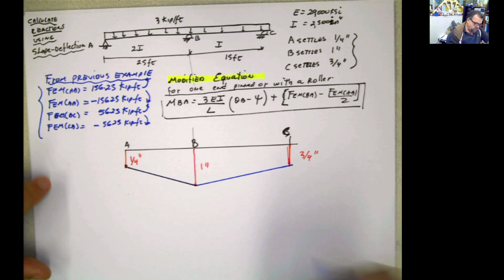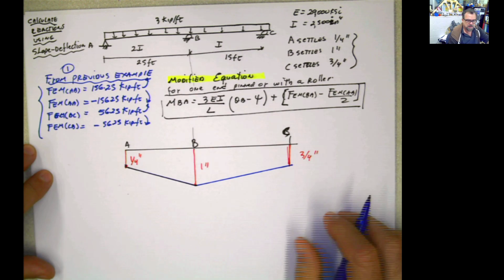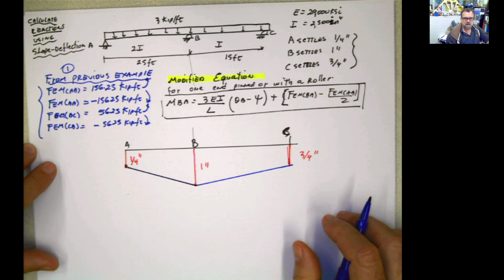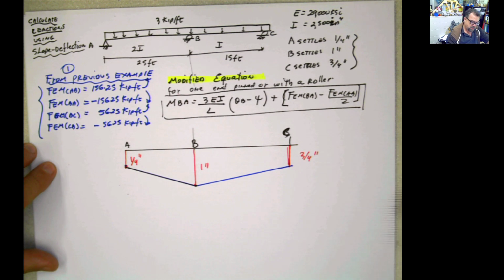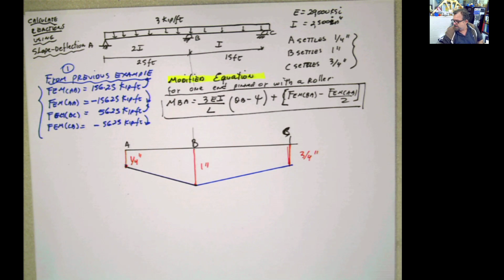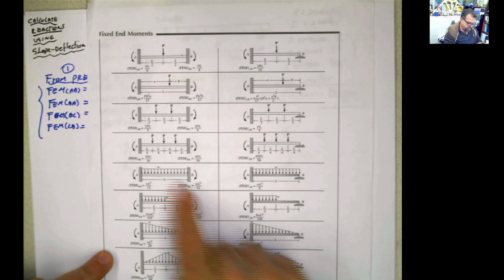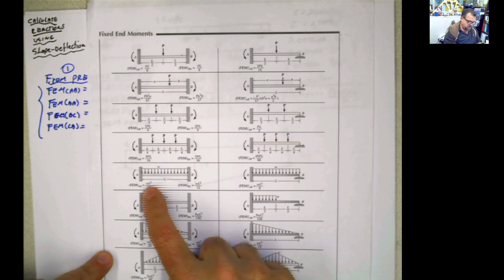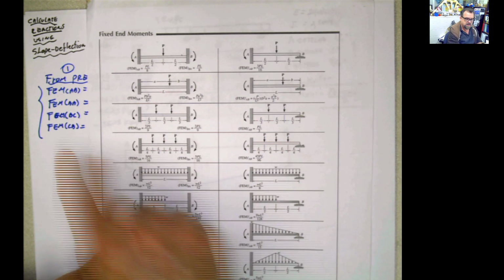The first thing we have to do for this problem is calculate the fixed end moments, as we showed in the previous example. I don't want to be repetitive. Plain and simple, go to the tables, find your case, apply the equations, and find the values.